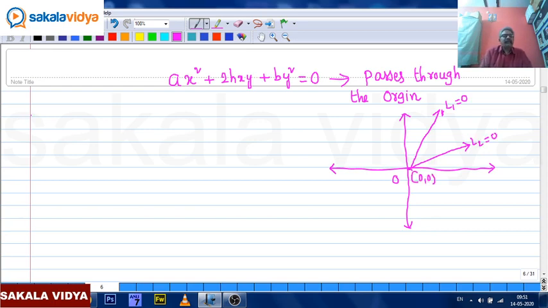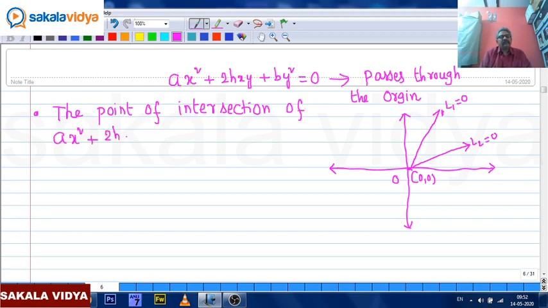You can write one concept here: the point of intersection of ax square plus 2hxy plus by square is equal to 0 is the origin 0 comma 0. Both the lines pass through the origin only.